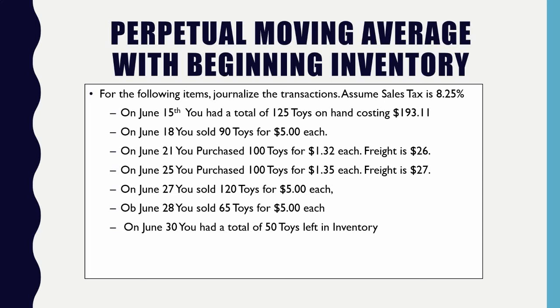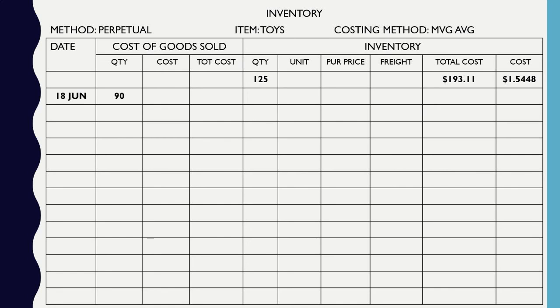And of course, as I go through the scenario, on June 15, I end up selling an additional 90 toys. So it's exactly like that. I just put the whole 90 items in there. I already know it's going to cost me $1.5448. So I'm going to calculate that to give me a grand total of $139.04 as my total cost of goods sold.